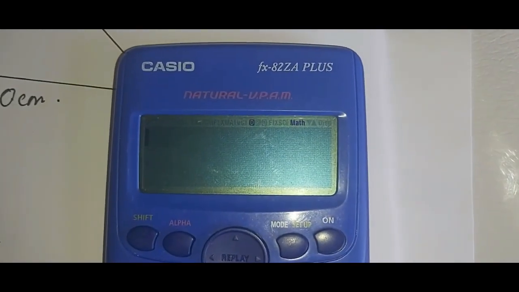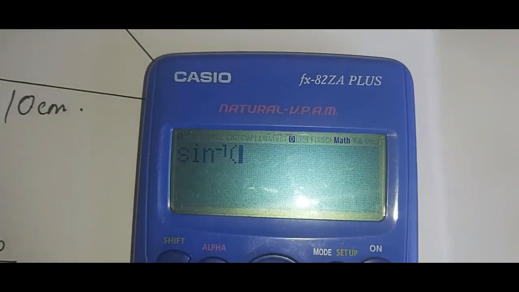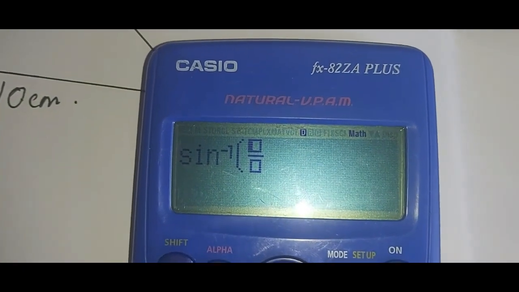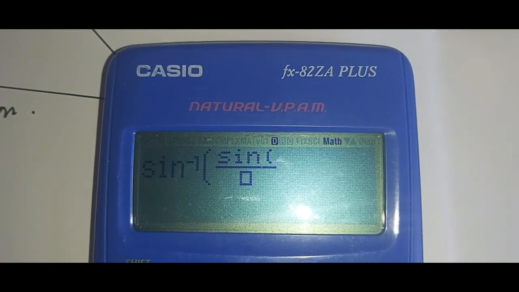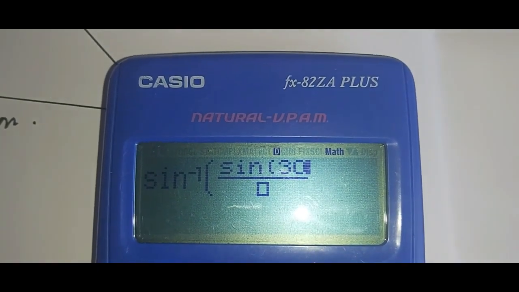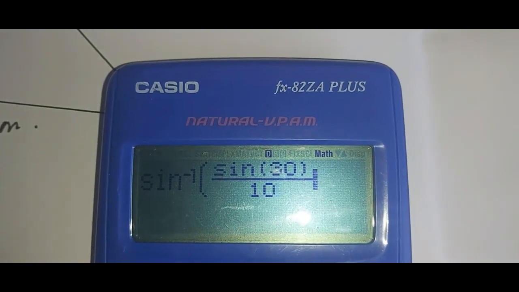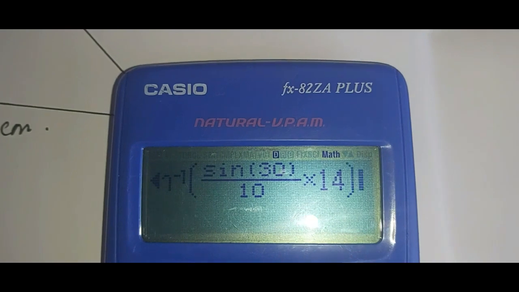So I go straight to shift sine, then sine of 30 degrees, close the bracket, over 10 centimeters multiplied by 14, close bracket.